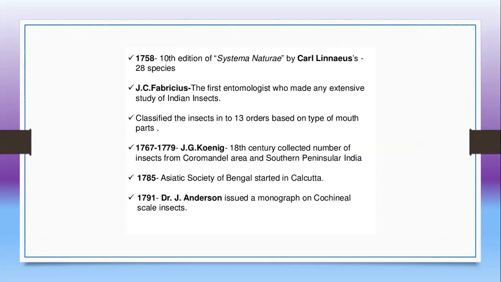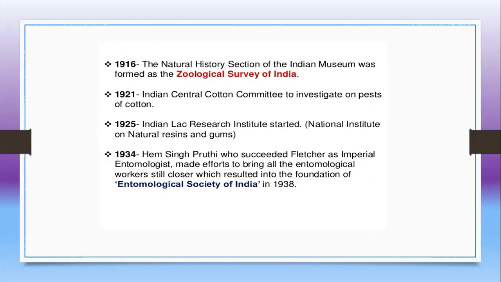In 1791, Dr. J. Anderson issued a monograph on cochineal scale insects. Likewise, a lot of research has taken place each and every year, even in the 19th century, and a lot of contributions took place; I'm quoting only a few things here.